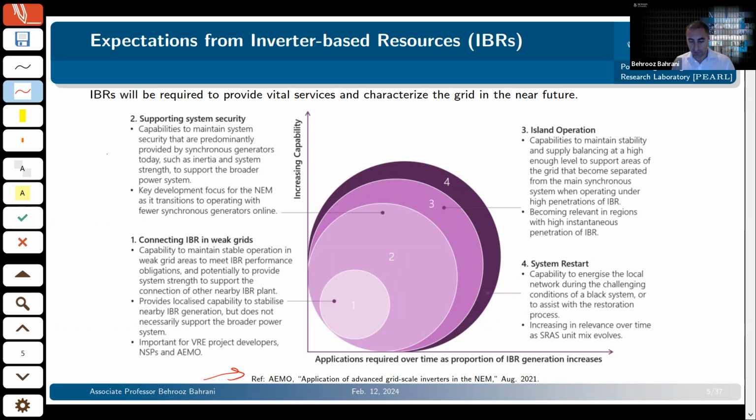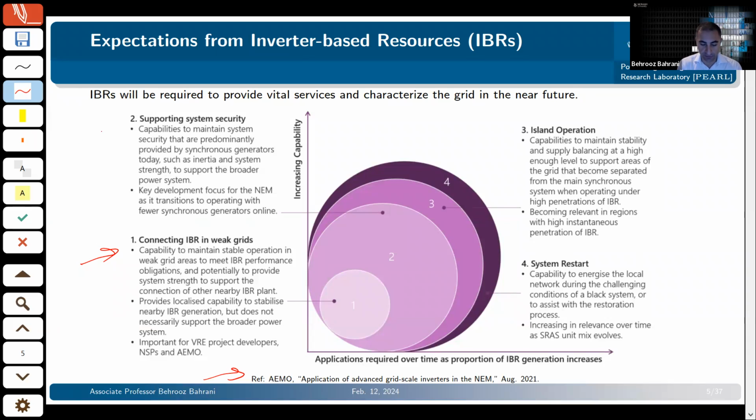So while we are retiring synchronous generators, we are expecting these new inverter-based resources to be able to first operate in weak parts of the network. That's a big challenge that we've got, particularly in Australia. Australia has a very strange grid, a very long grid, which is also very weak in different areas. So we expect our IBRs to be able to operate there.